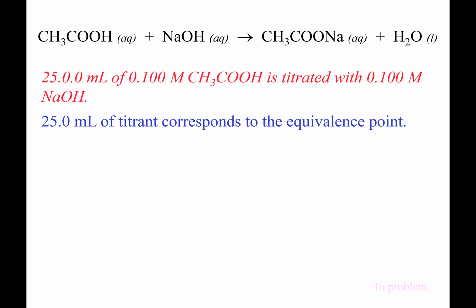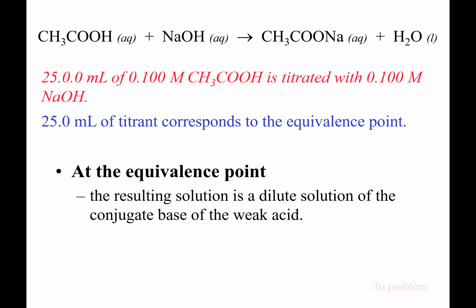And this is what we have in the solution. So here's where you have to look at what's driving the pH of what's left in the solution. And the answer is this guy right here. The presence of that CH3COO negative is what's making it basic, not any NaOH, because the NaOH is all gone.